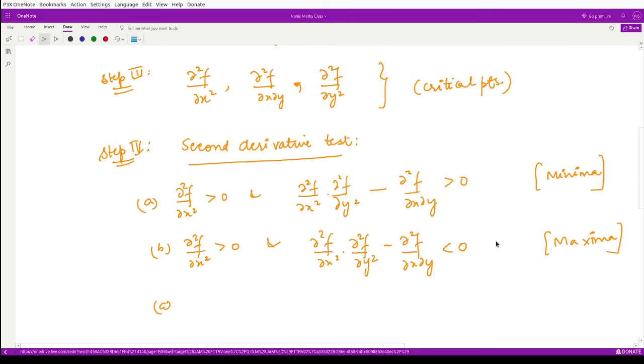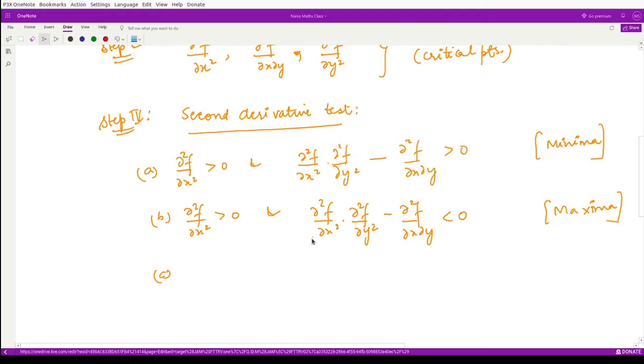In the third case, when the sign of this term, del 2f upon del x2 into del 2f upon del y2 minus del 2f upon del x del y, is equal to 0, your test is inconclusive.